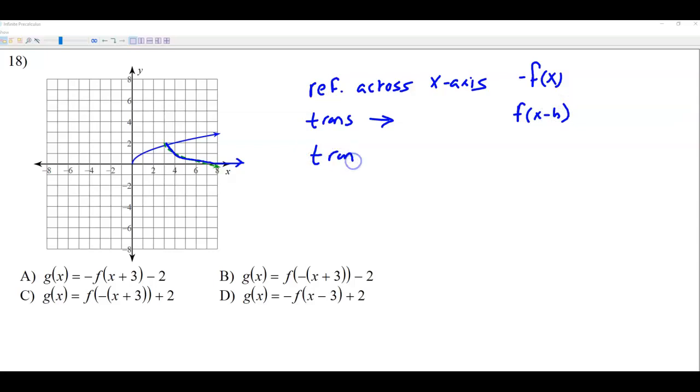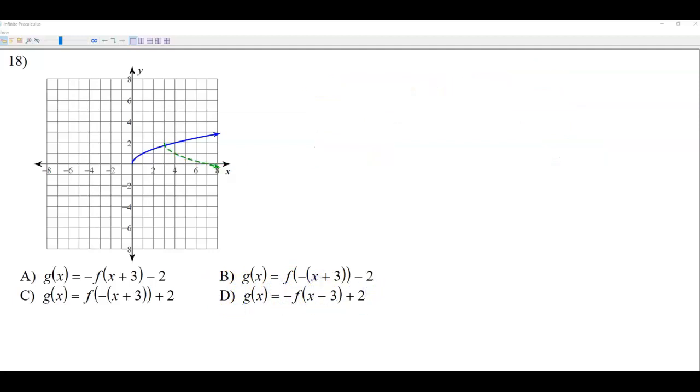And we also translated it up, and that's when you have a plus outside the parentheses. So I'm looking for a negative in the front of f, a minus something on the inside, and a plus on the outside. So that to me looks like it would be option D. Negative on the outside, subtraction on the inside, plus on the outside.